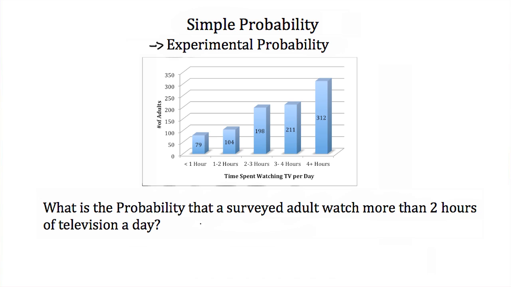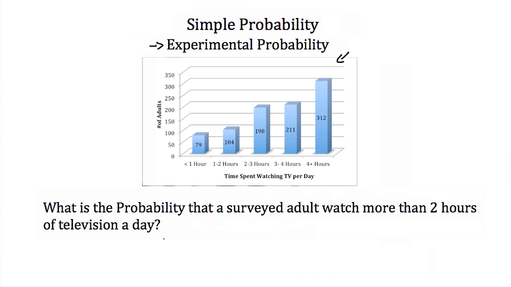So what's the probability that a surveyed adult, if we surveyed another adult, watches more than 2 hours of television per day? Well, we don't know the probability of that particular adult. So what we do is we assume that the probability that this adult watches more than 2 hours of television per day is the same probability as the other adults that we already surveyed.